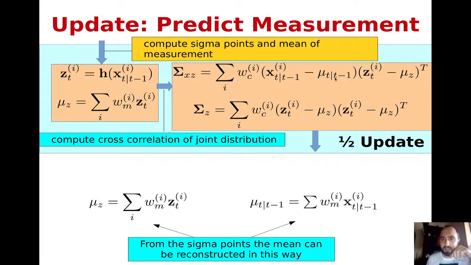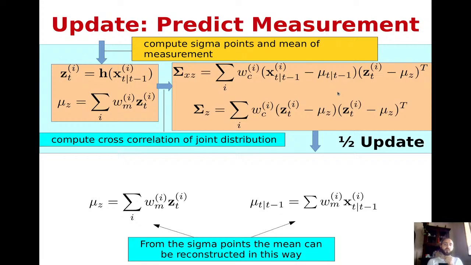So if I take the formula of the covariance reconstruction, in this case I have to consider on one side sigma points and the mean of the sigma points for the state. So this guy, not the output of the function, this guy. And on the other side, the sigma points for the measurement and the corresponding mean. That's what I computed here.